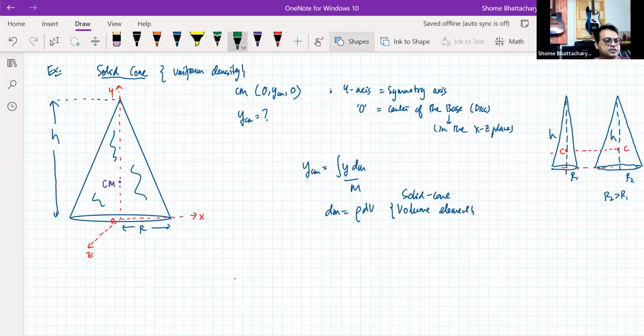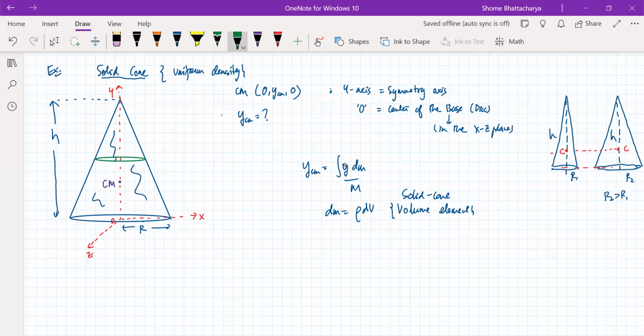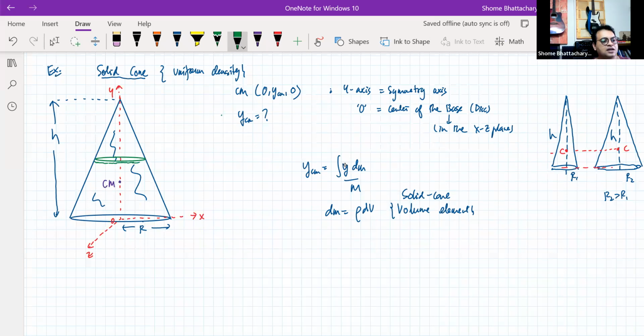We'll get thin discs. All those discs have that common axis, which is the y-axis. But as you go up, the discs become of smaller and smaller radius. And therefore, if you compare these discs, they become smaller and smaller in mass, till the last one at the top becomes almost like a particle of negligible mass.